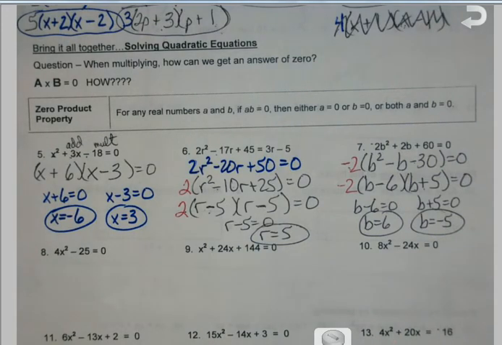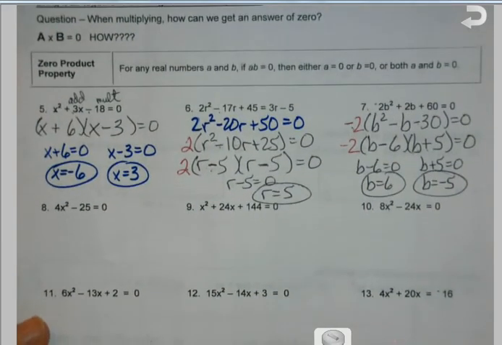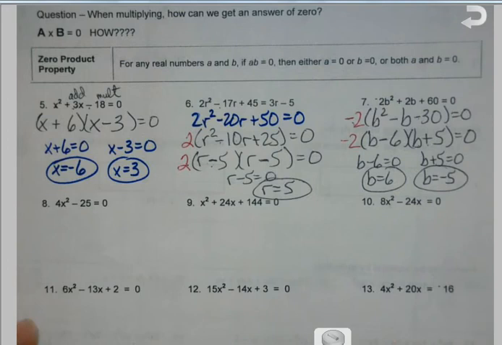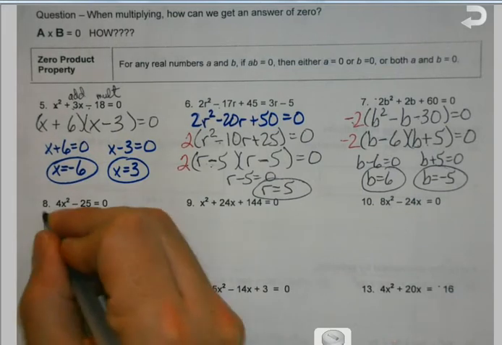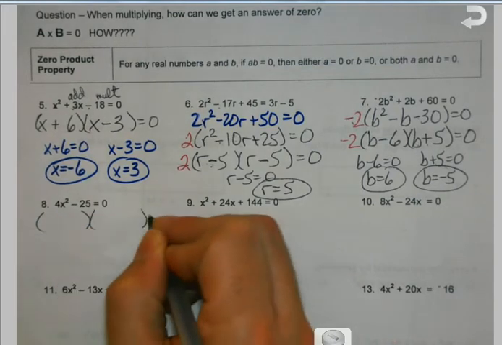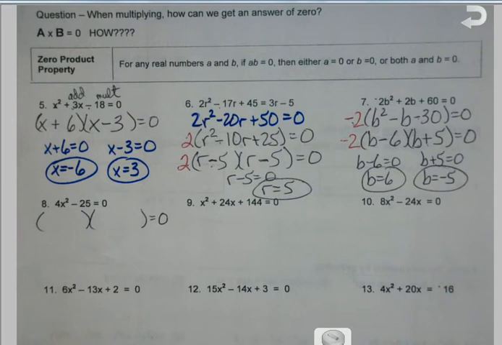Let's see, what else looks different? Well, 8's different. 8's a binomial term. Nothing in common. What am I going to do with 8? What do you notice about each of the values in 8, the 4 and the 25? They're perfect squares. So what do I square to get each of my terms?